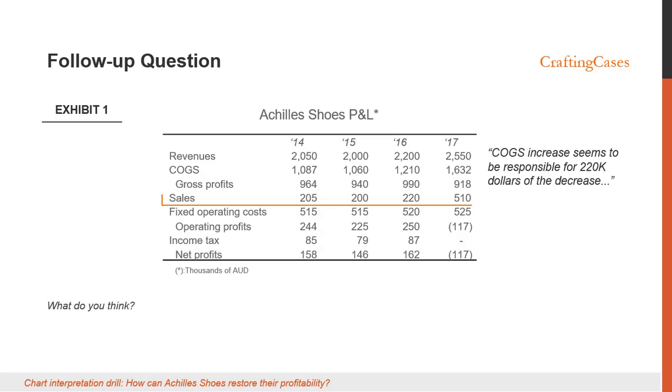And next cost component, we have sales costs. Sales costs were steady at around 10% of revenues, and suddenly they're 20% of revenues between 16 and 17. So they account for another $255,000 in the profit gap.